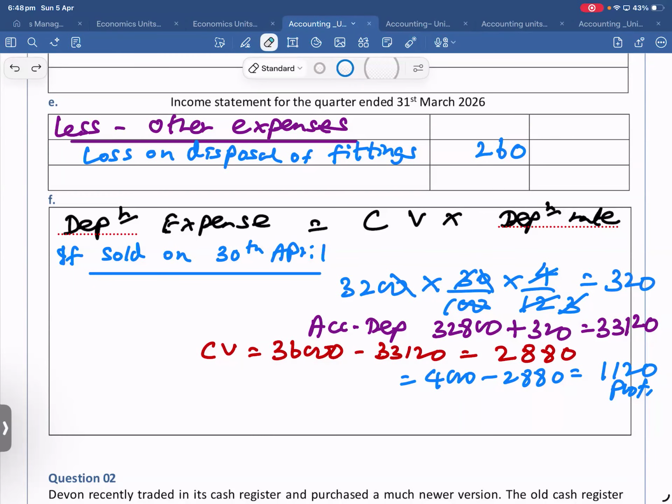Okay, guys. Then what about if it was sold for 2,720 on 30th June 26?